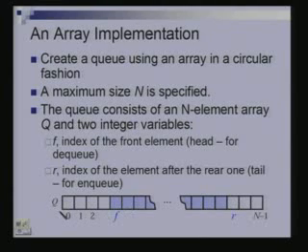F should have been at -1, because we said front refers to the first element of the queue. There is nothing in the queue, then F should be -1. And rear refers to 0, because rear refers to an empty location always.